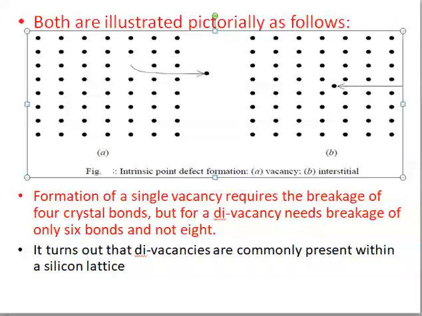But if you want to form a di-vacancy, 1 and 2, which are neighboring to one another, and transfer them from the interior to the surface, this time you don't need to break up to 8 bonds. You require breakage of only 6 bonds.